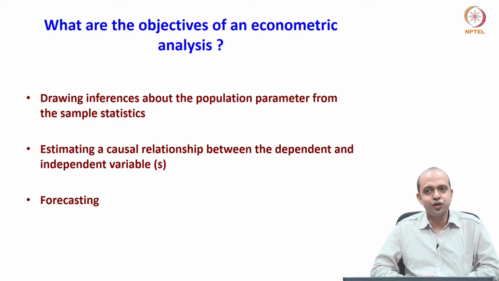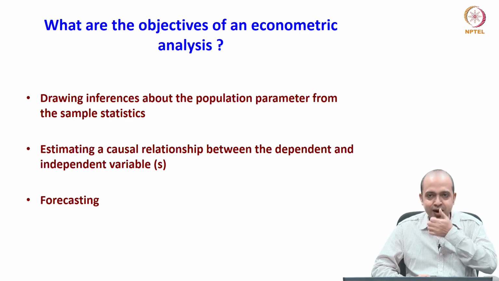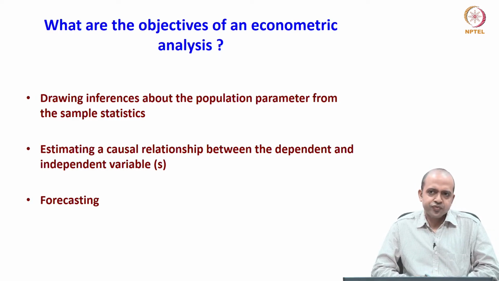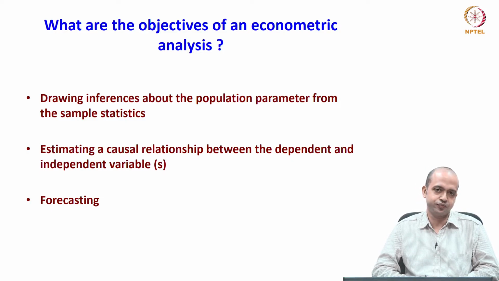If you recall, initially we mentioned that the econometrician's role is like an artist. So, here you assume econometric analysis per se will not tell you what should be the dependent variable and what should be the independent variable.